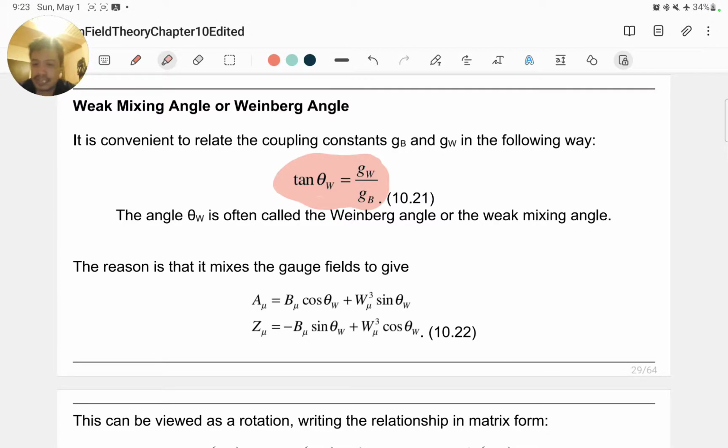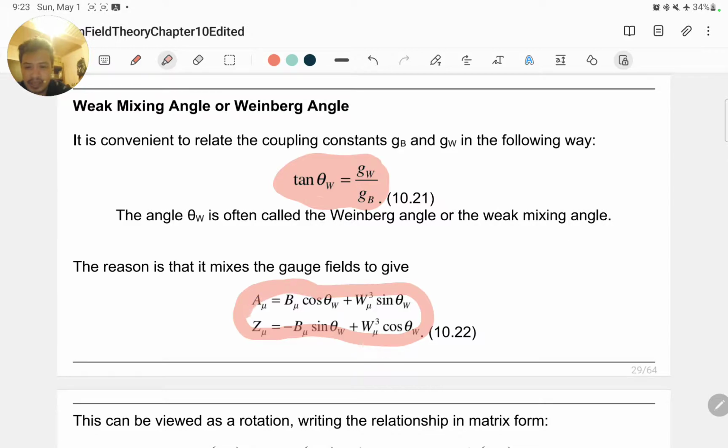And this is the reason why there is mixing between B mu and W mu 3, and the mixing is actually given by this.